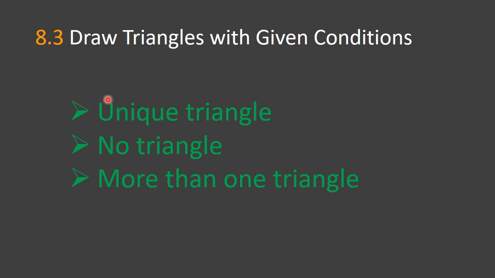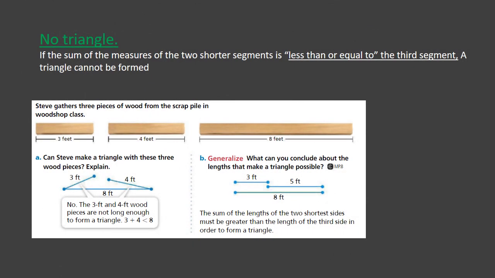Now let's discuss these situations: when we have a unique triangle, no triangle, or more than one triangle. See, in this situation, two sides of this triangle are 3 feet and 4 feet.